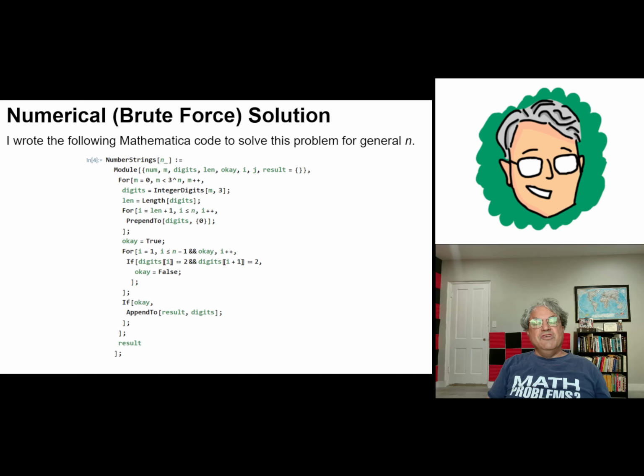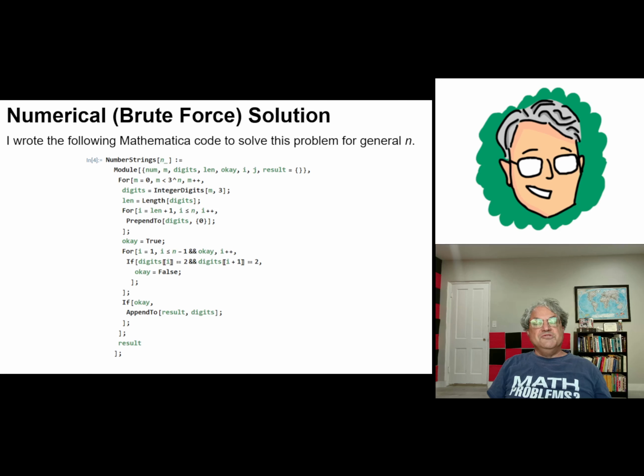The reason is that I'm going to consider ternary expansions of m. Those are kind of like decimal, but they only use the digits 0, 1, and 2. Ternary is just base 3. So you can write out all the base 3 numbers from 0 to 3^n minus 1, and if you append zeros to the left end, those are all going to have length n.